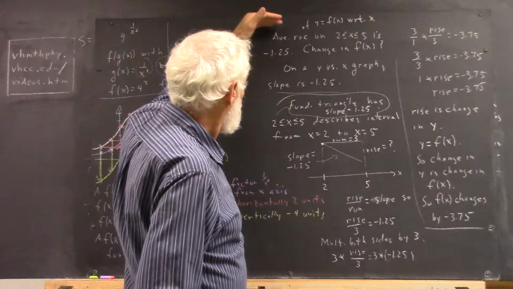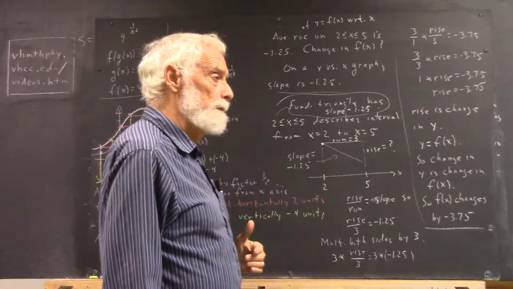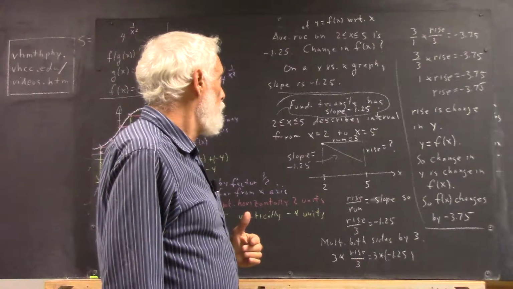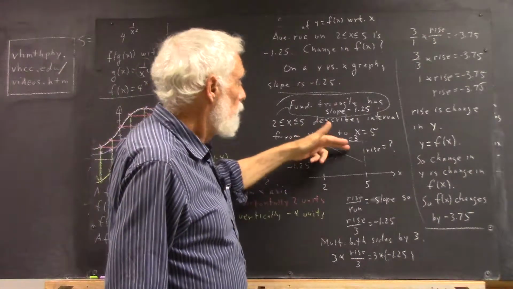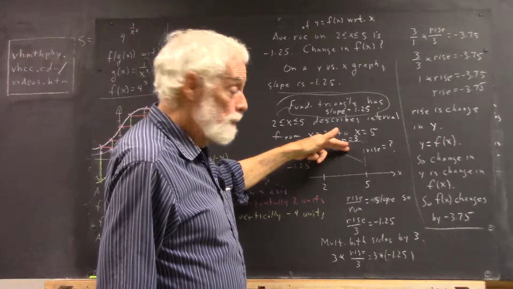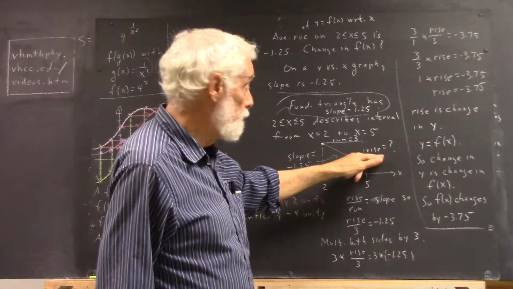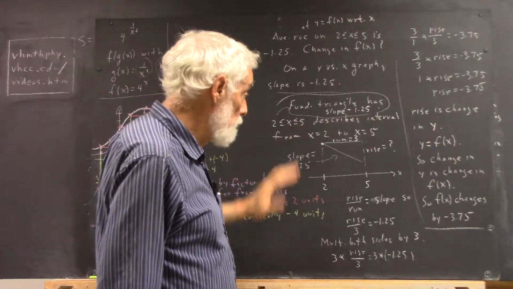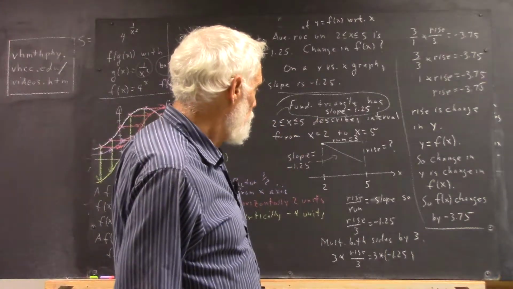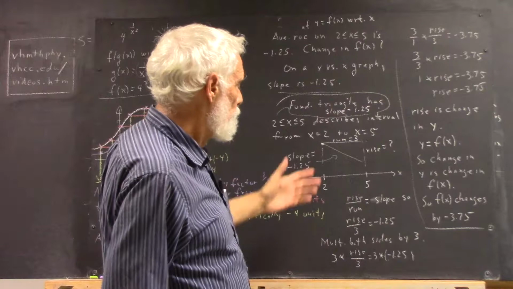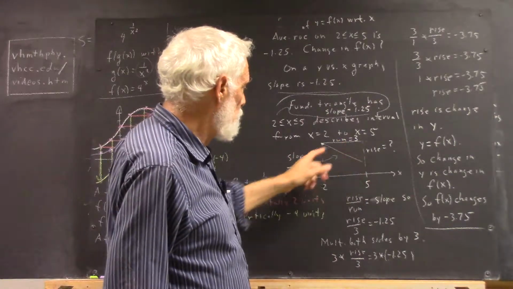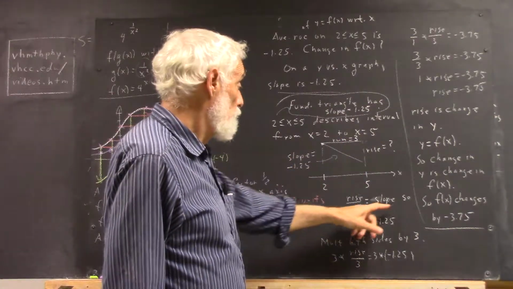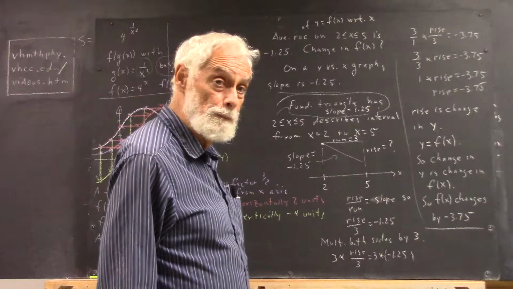So this question leads to this picture, which leads to the task of finding the rise when you know the run and the slope. Now this can still be a little confusing, so let's see how this comes about. What's the relationship among rise and run and slope? Well, slope is rise divided by run.